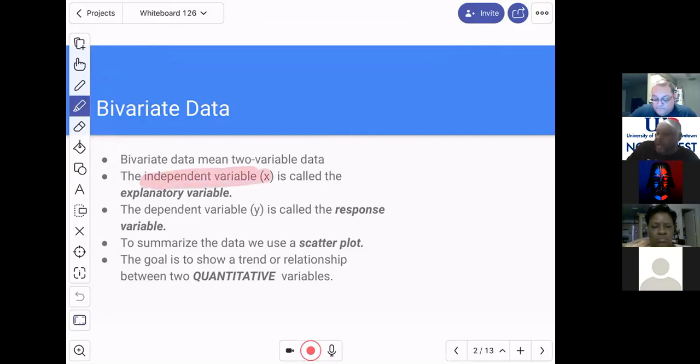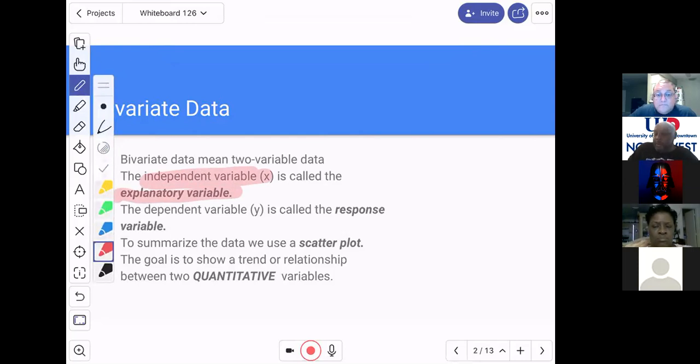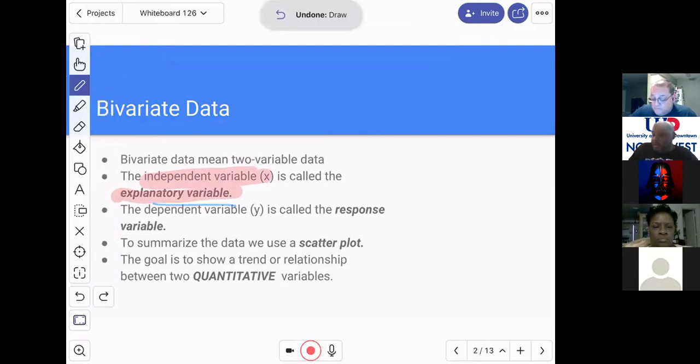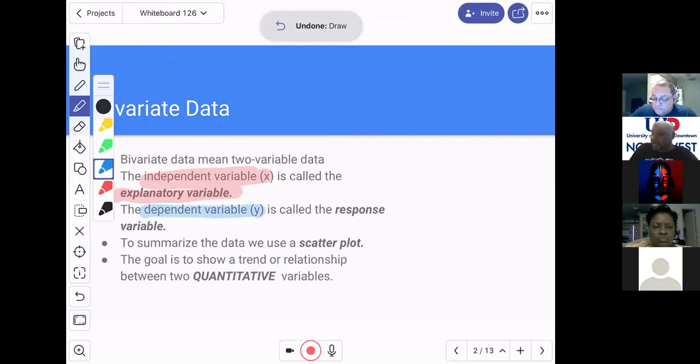In regression, we call it the explanatory variable because it explains what's happening or the different changes in our dependent variable or the Y variable. Our dependent variable is called the response. So as I change the independent variable X, how is Y responding?